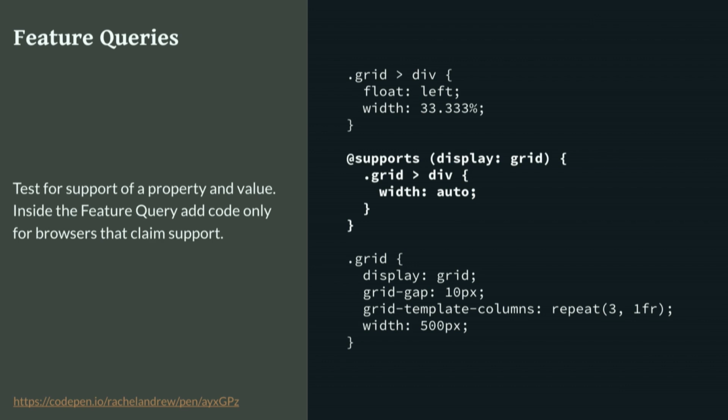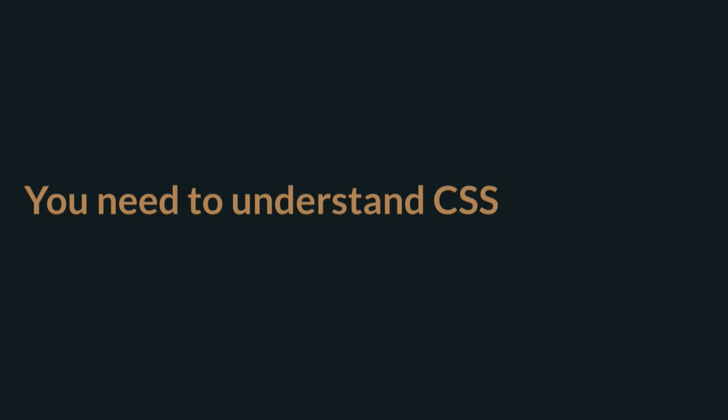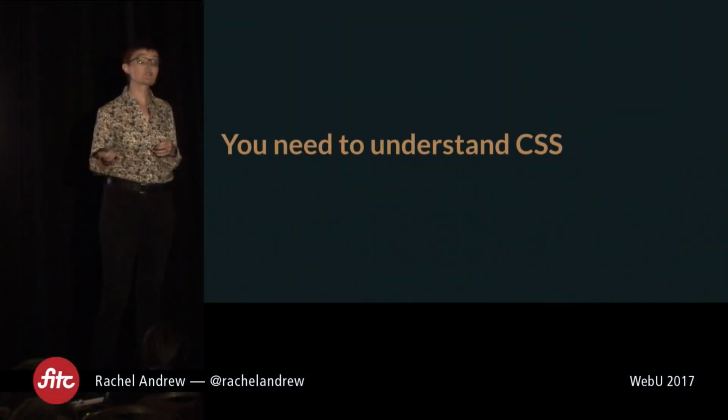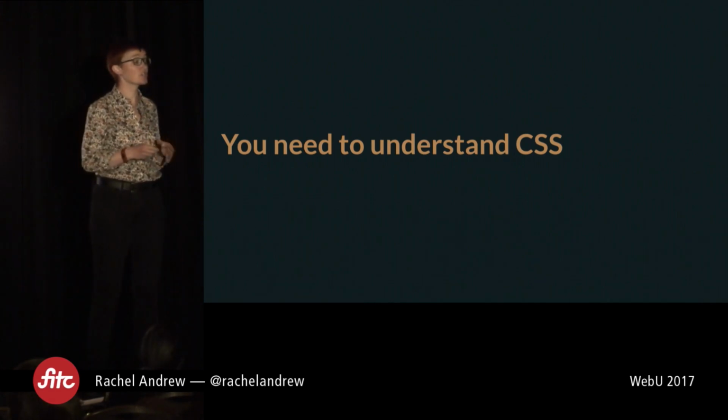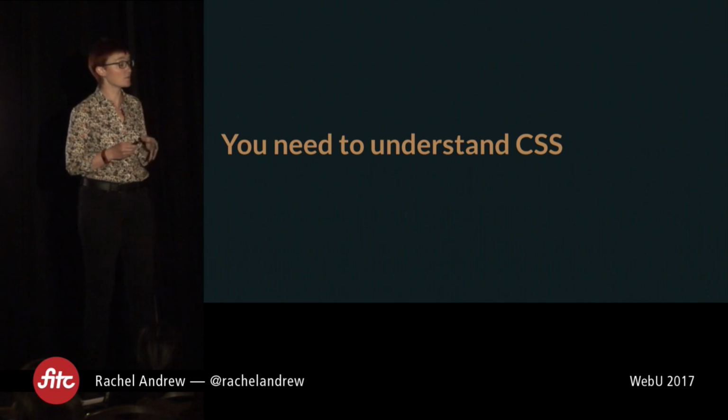I'm just overwriting the bits that are going to be interpreted in both scenarios. It's relatively straightforward once you get into that way of working, but it does mean that you need to understand CSS. How to use the cascade, how to create graceful fallbacks with minimal code. It's how CSS works, so you need to understand how CSS works and how best to structure things.